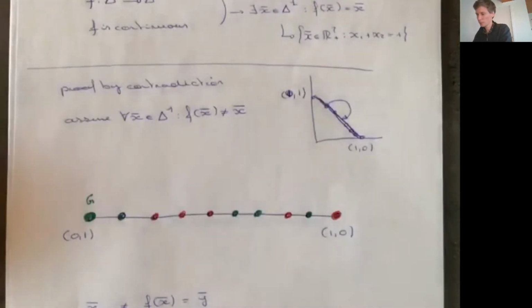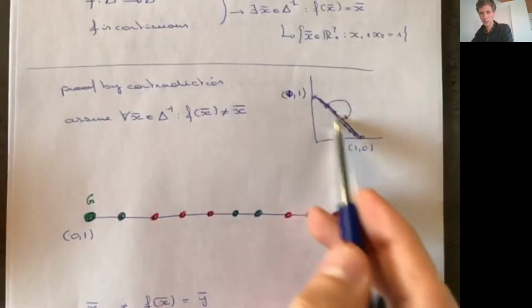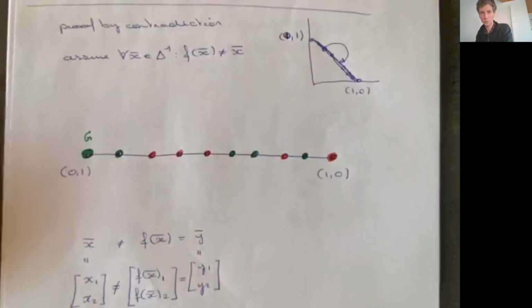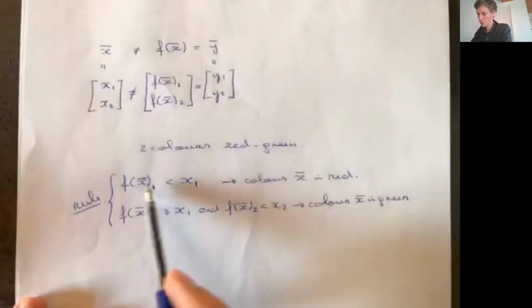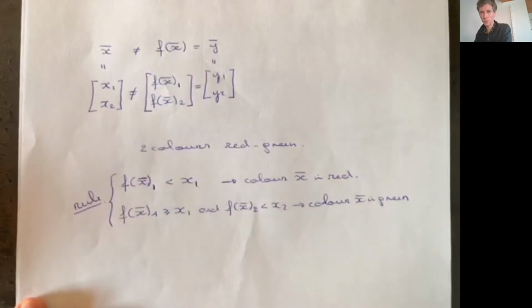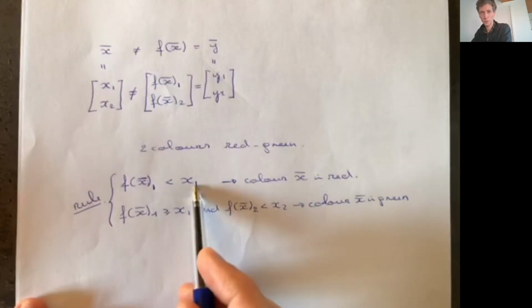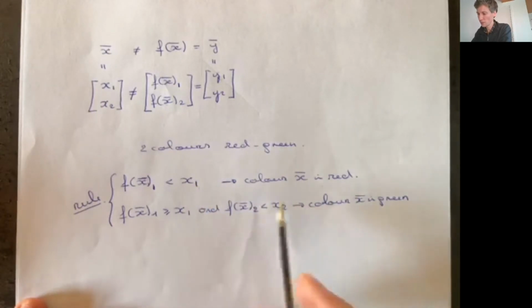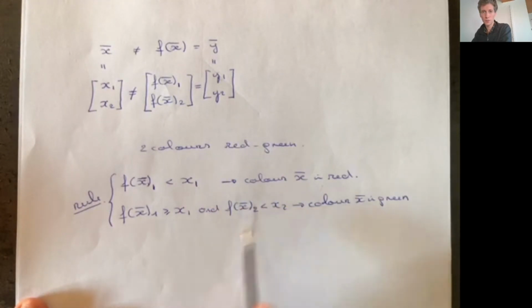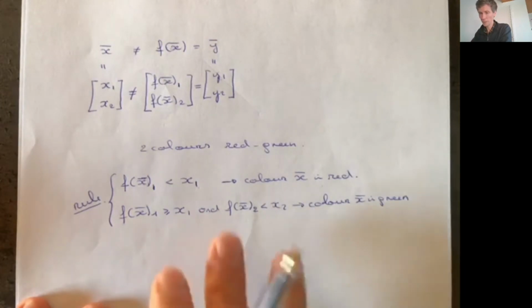Okay, so let's recap. Delta 1 was a one-dimensional simplex, so we can depict it like this. We have chosen a coloring based on whether the first component of f of x is smaller than x1, the first component of x, or whether the second component of f is smaller than the second component of x.